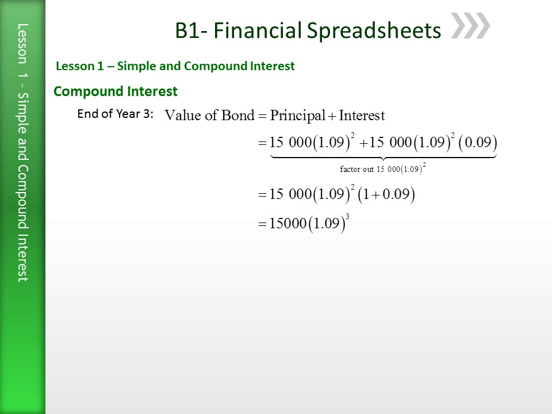Once again, we're going to factor out the common factor, which is 15,000 times 1.09 squared, and we would be left with the 1 plus 0.09. Combine that with the 1.09 squared, and we have 15,000 times 1.09 cubed.